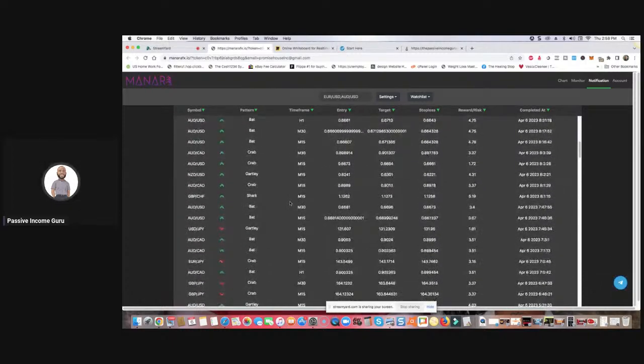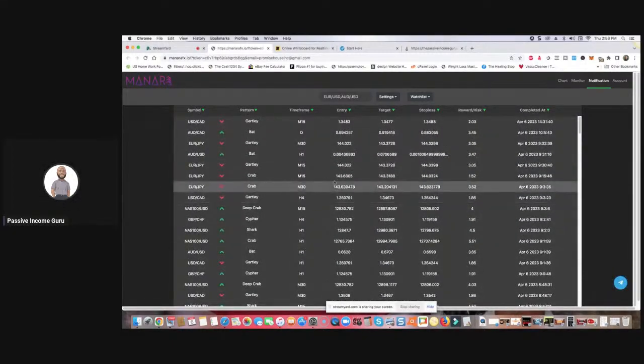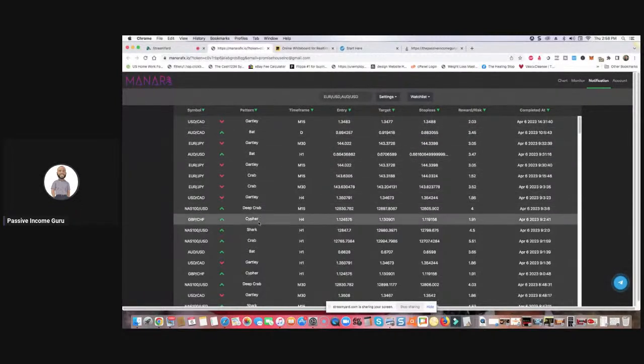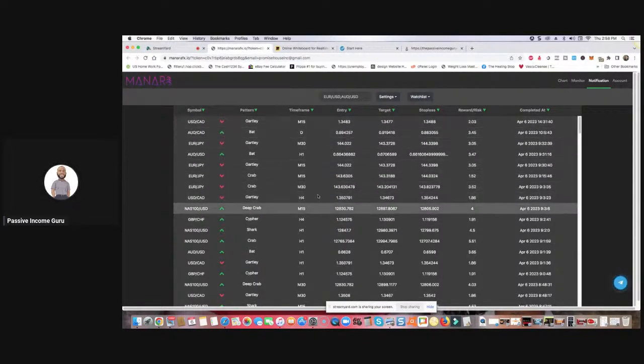You see all this right here? These are all generated by Menara, by the scanner. And what I do is I come in here and I look at different pairs, and I look at the patterns and I look at the time frame.